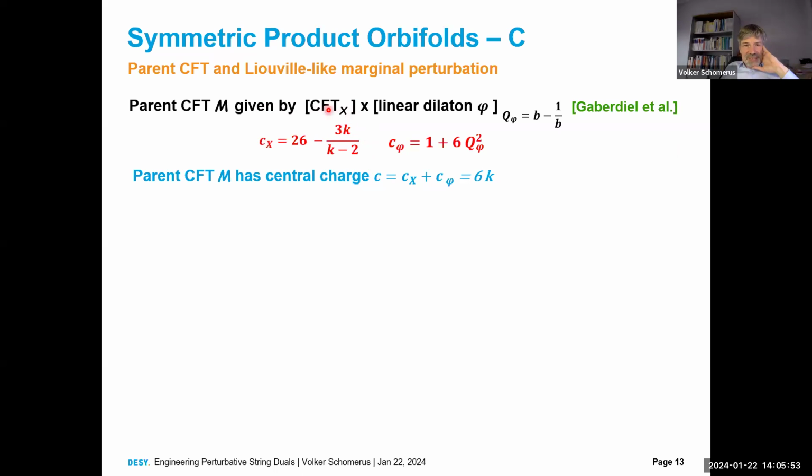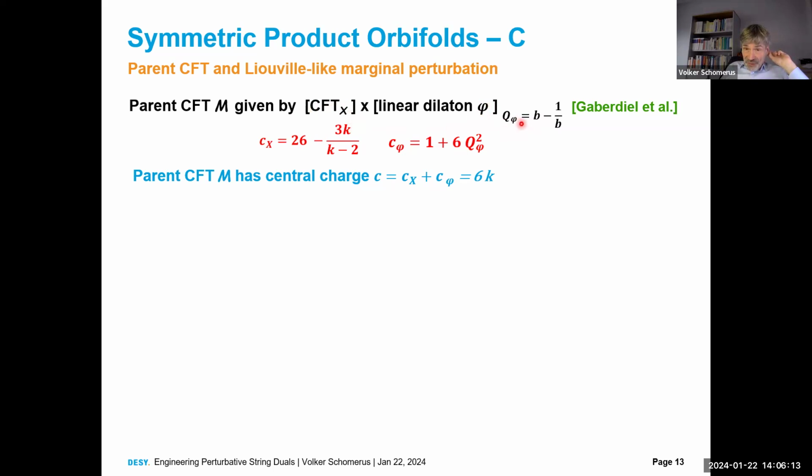You parameterize the central charge by k, and then you multiply that with a linear dilaton. So it's a free boson in 2D with a background charge, and you have to adapt the background charge to your choice of X.